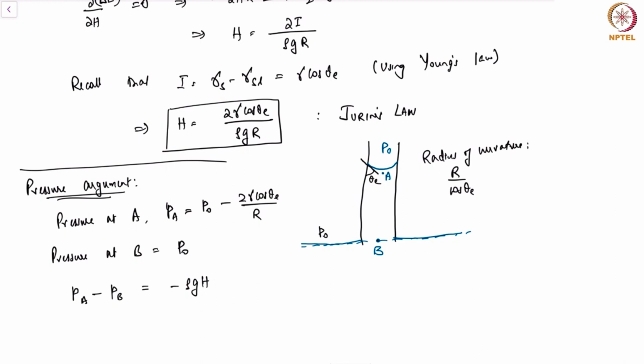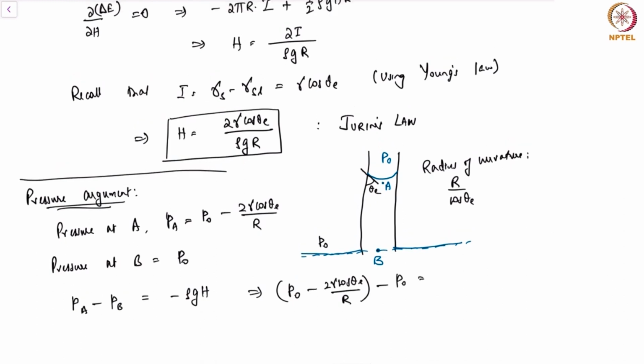As you go up, the hydrostatic pressure decreases, and therefore if I substitute this expression, I have P naught minus 2 gamma cos theta E by R, that is PA, minus PB, that's P naught. This will be minus rho g h, right?